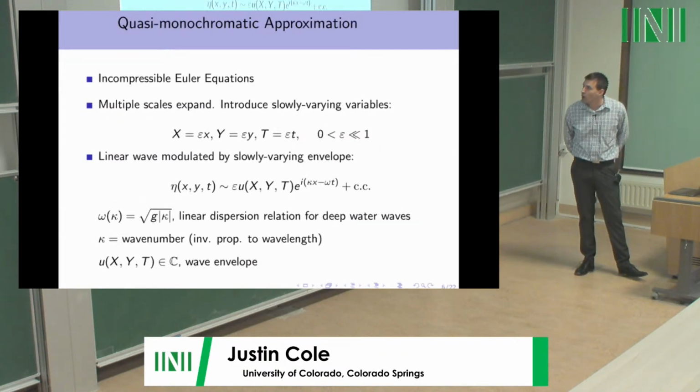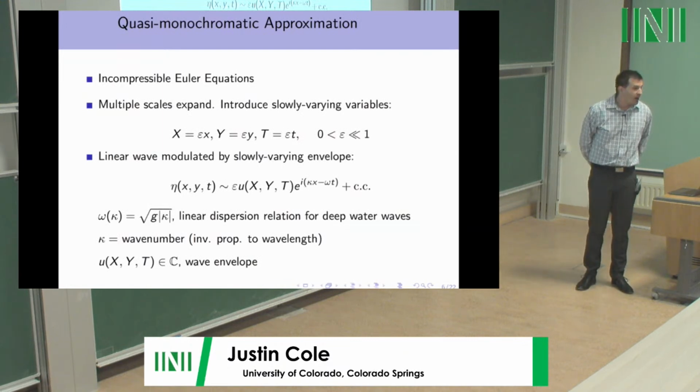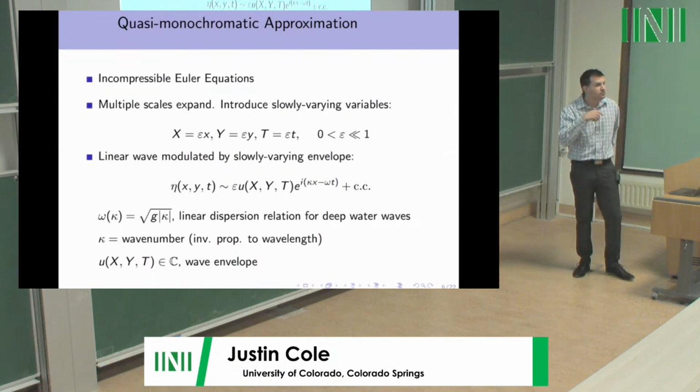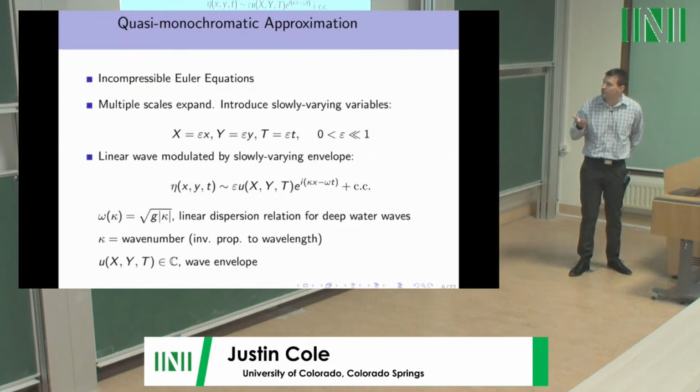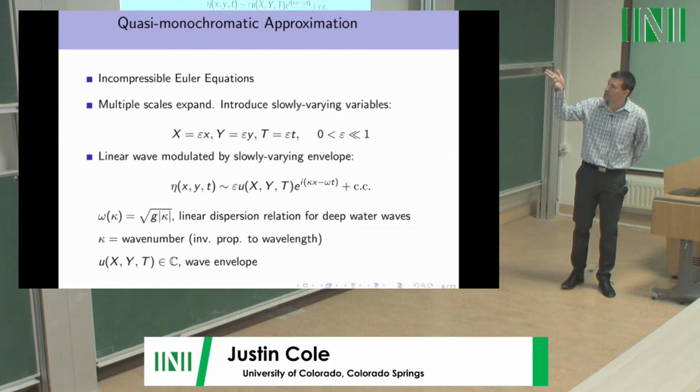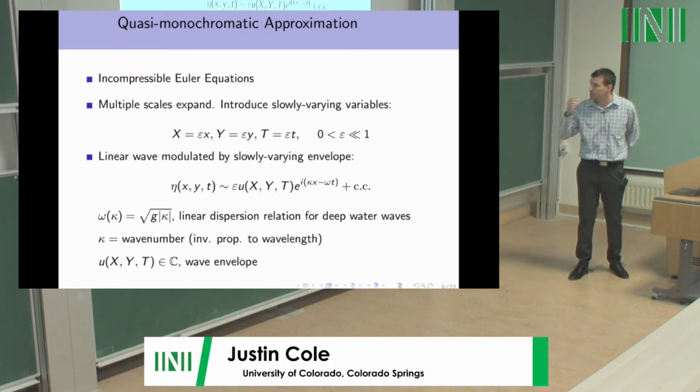From the incompressible Euler equations, we make a common approximation known as the quasimonochromatic approximation. We introduce a slow set of variables, capital X, capital Y, capital T here, related to the original variables by some small parameter epsilon.